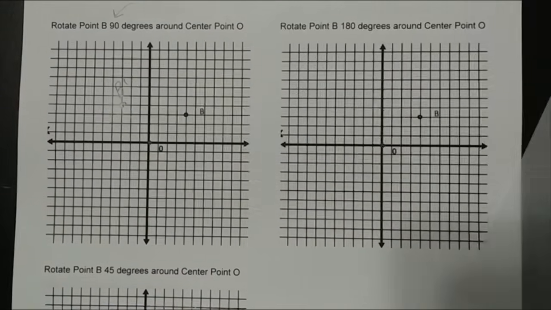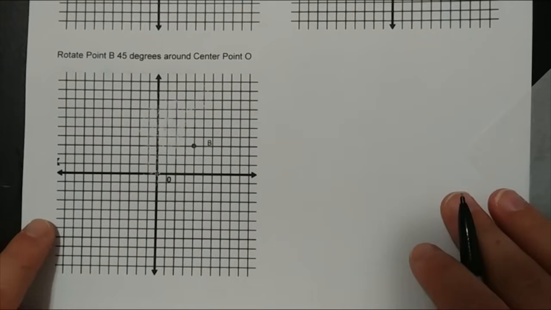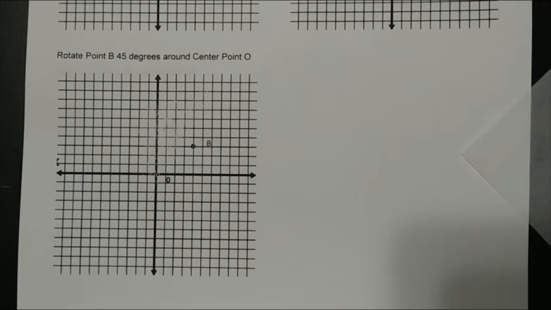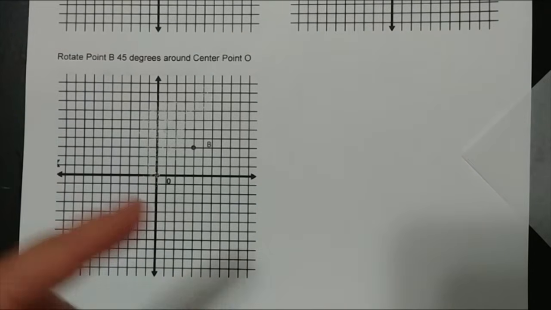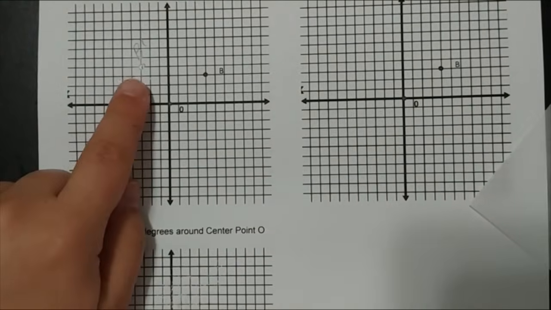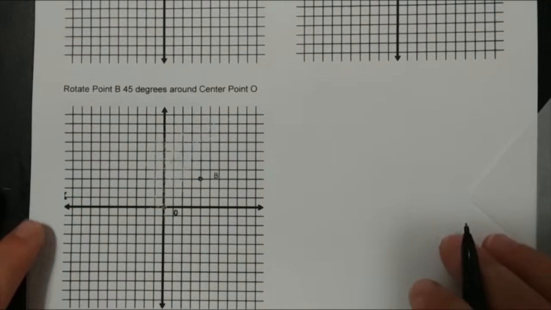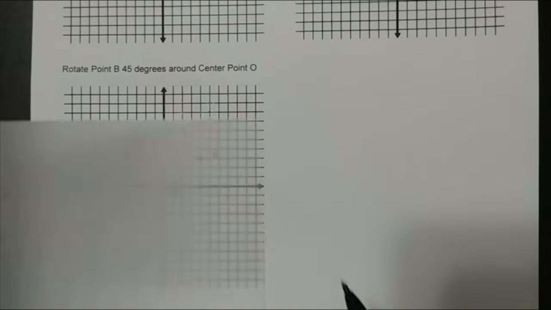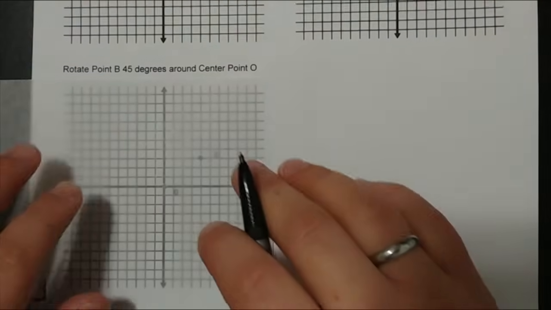Let's move on. Next, we are going to look at a 45-degree rotation. So 45 degrees is half of 90 degrees. So really, we're going to now go halfway of what we did here. So let's see how we're going to do that. We got our patty paper, and the first few steps are the same.